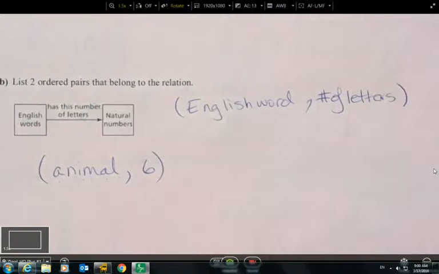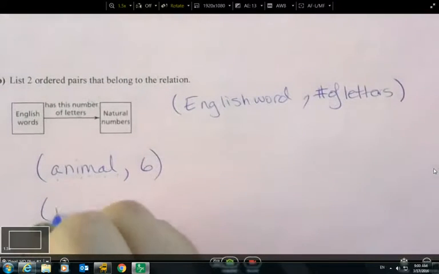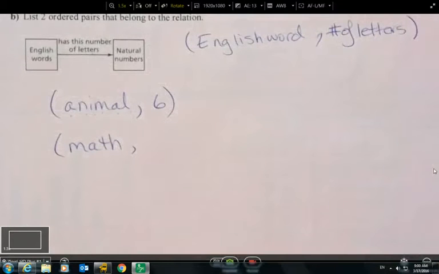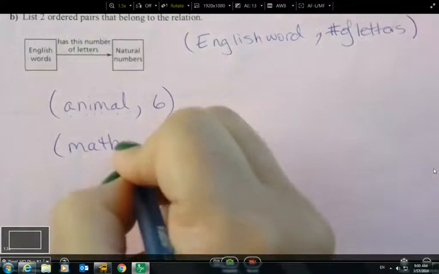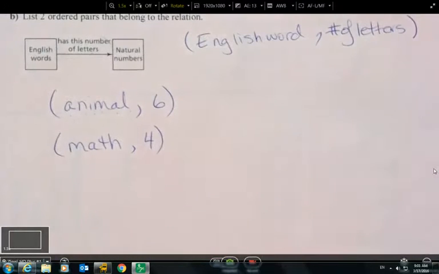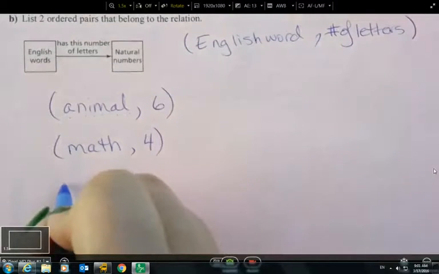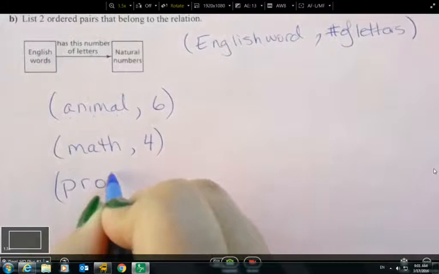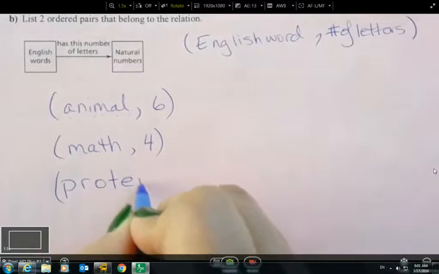All right. You give me one. Hopefully something I could spell. Math. Math. Wow, I love that. Perfect. Beautiful word. Four. Why? Because the word math has 4 letters. Let's do another one. Protein. Oh my goodness. Okay, you have to spell this one. P-R-O-T-E-I-N.